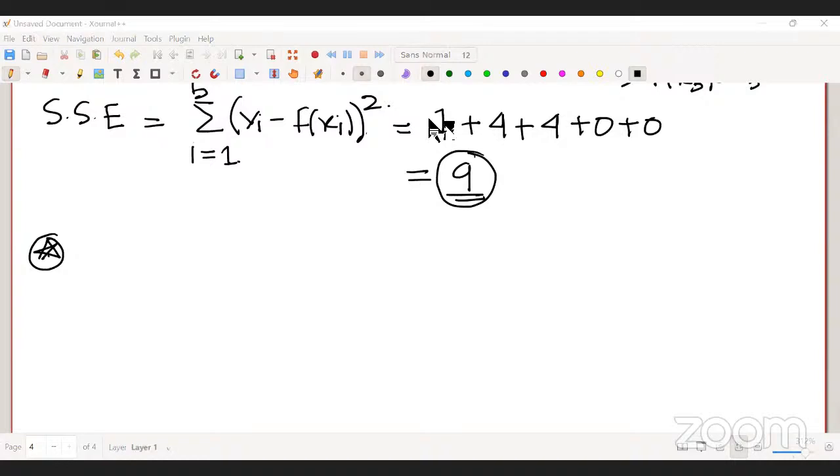So it's given that you have a polynomial, which is P of x.